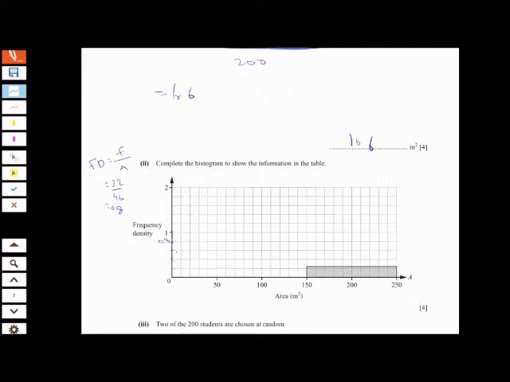This one, same thing. 50, and there are 5 units. 50 divided by 5, it's 10, 10, 10, 10. So this is 20. Starts from here, and this is 60. And now you draw a straight line from 20 to 0.8, and you draw a straight line from 60 to 0.8.